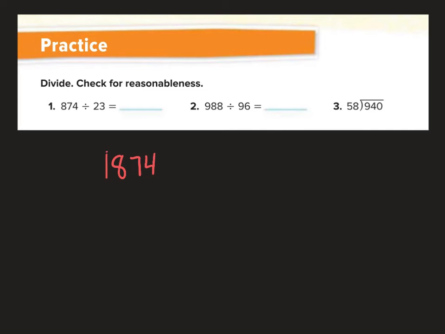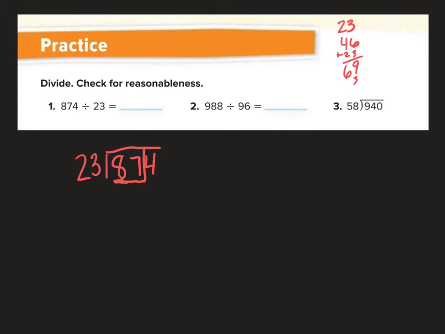874 divided by 23. Okay, I can't do 8 divided by 23, so I'm going to go over to 87. So let's see, 23, if I double it, I'll get 46. If I add 23, 69.